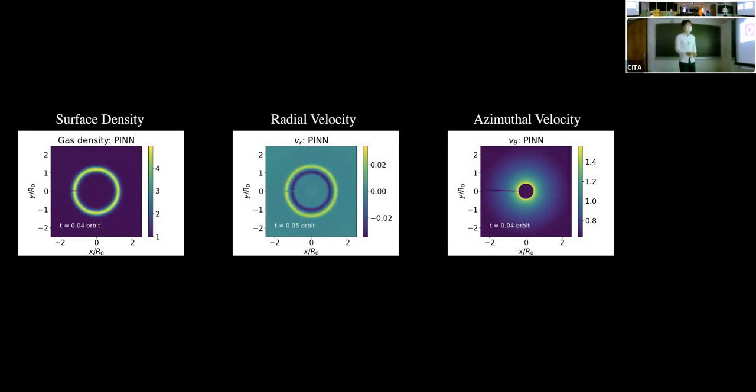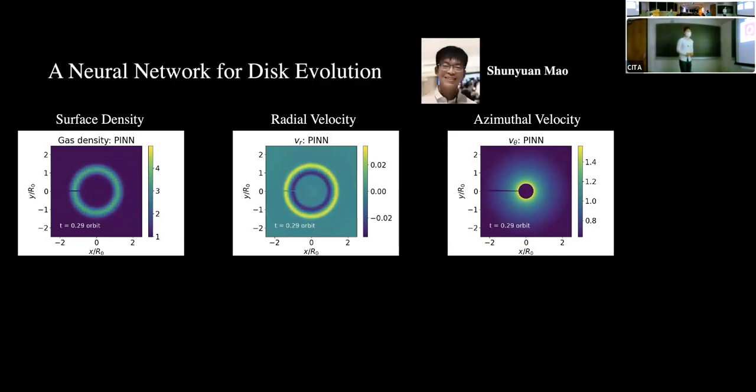But the cool thing is, these movies are not produced by a simulation. They're outputs from a neural network. This is done by my graduate student, Shenyuan Mao. And in addition, the training of the neural network does not involve a training set. So this is not like we run thousands of simulations first, and then we ask the neural network to learn from this.